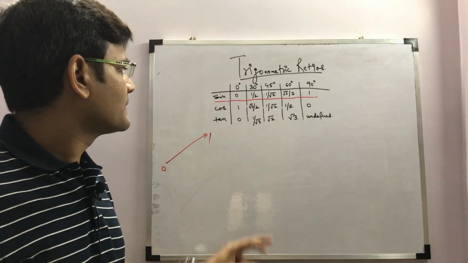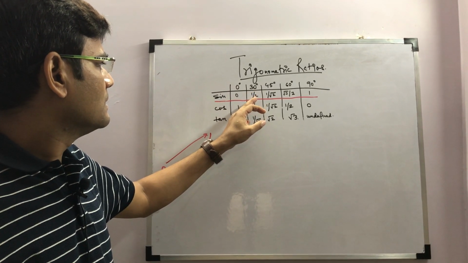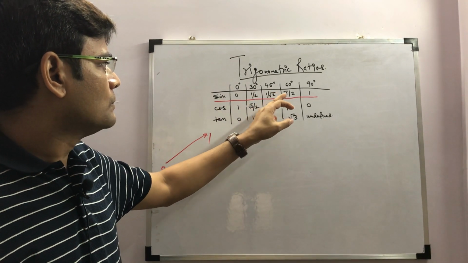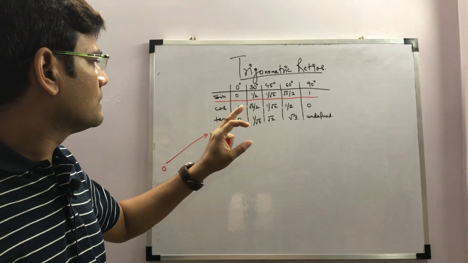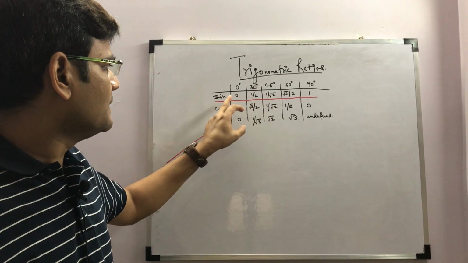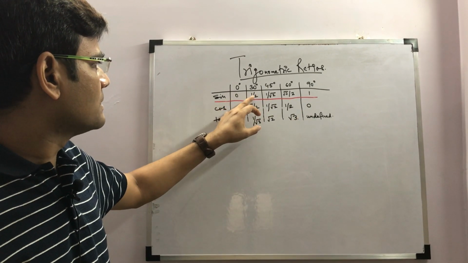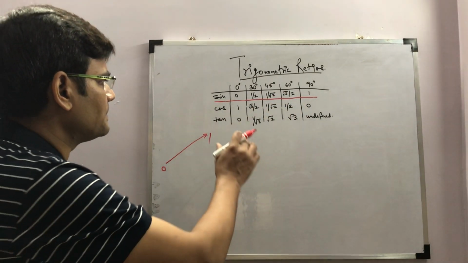Sine 30 is 1 by 2, then 1 by root 2, root 3 by 2. Once you have prepared this line, sine 0, sine 30 is 1 by 2, 0 and 1, you can fill in the rest. You can prepare this table anytime.